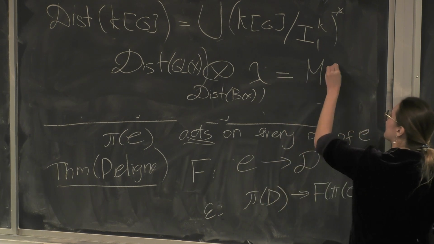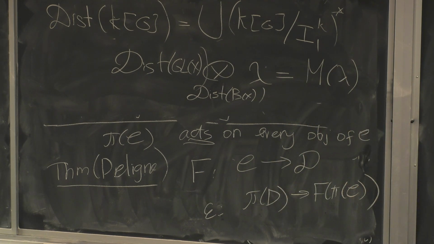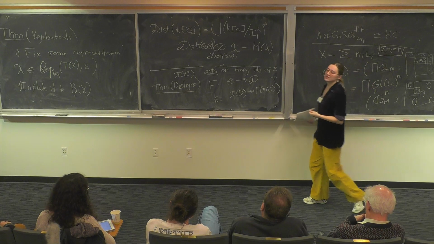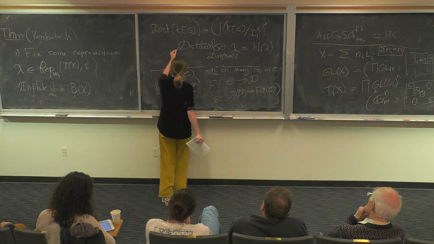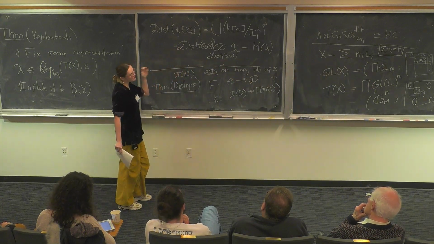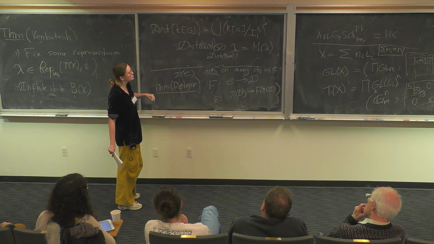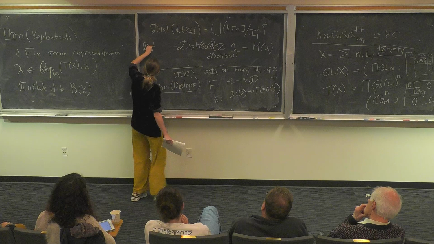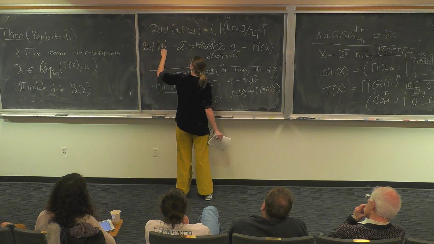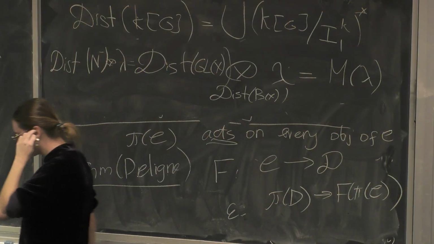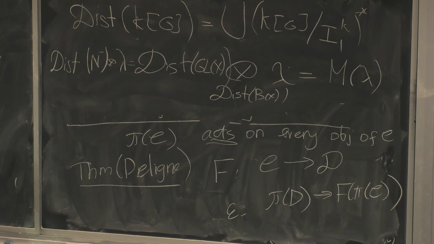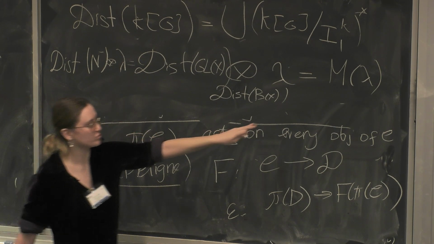Let's call this M of lambda. And there is also some Poincaré-Birkhoff-Witt theorem that will tell you that as an n minus module over distributions on n minus, this is the same as distributions on n minus tensor lambda. So we know the size of this thing. We can do some computation with it. It's a pretty tangible object.